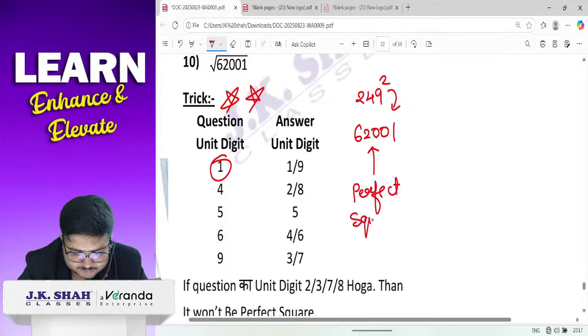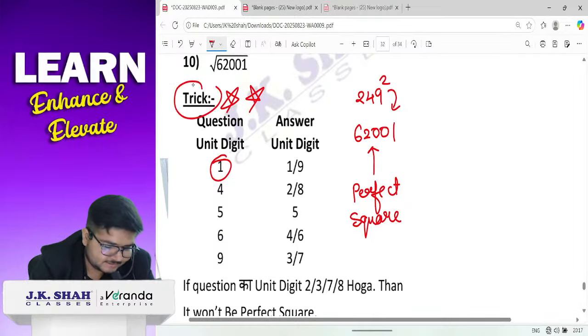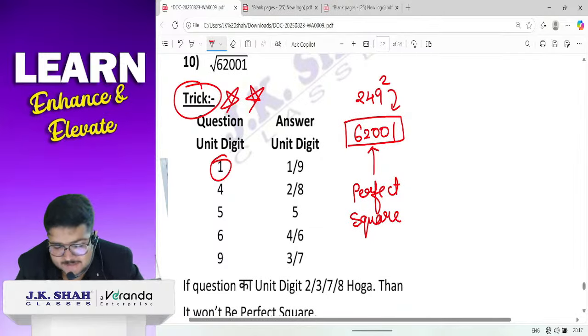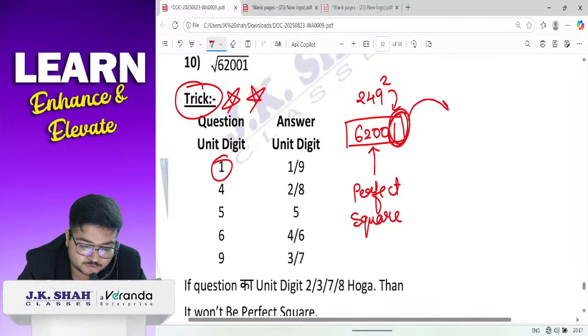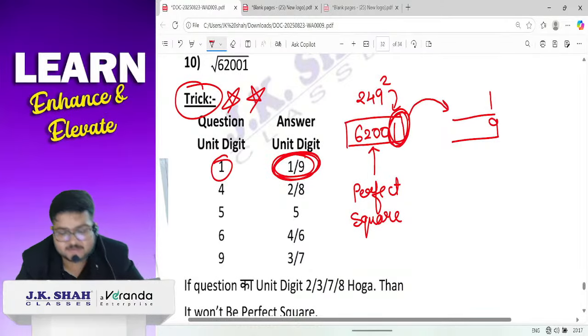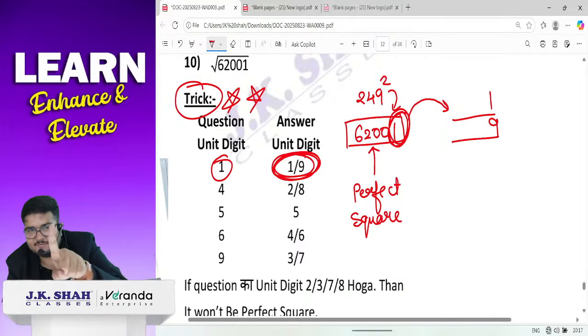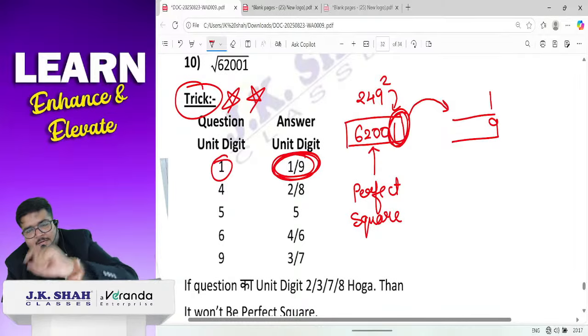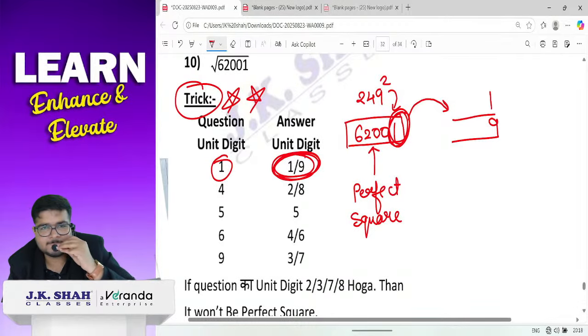Please understand, this trick is trying to tell you that if a perfect square number has 1 in the ending, the square root of this number will either have 1 or 9 in the ending. That is the rule. That is the trick.